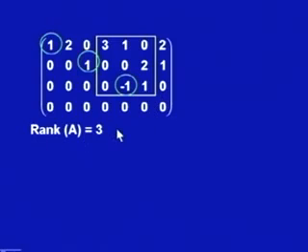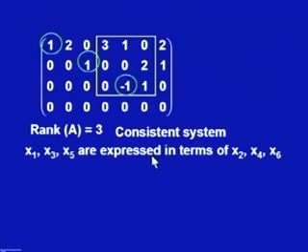From this discussion we conclude that rank A is equal to 3 and we have a consistent system. This leading one corresponds to the unknown x1, this leading one corresponds to the unknown x3, and this corresponds to x5. So we can say that x1, x3, x5 are expressed in terms of the remaining unknowns, that is x2, x4 and x6.